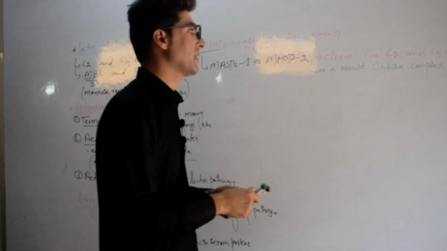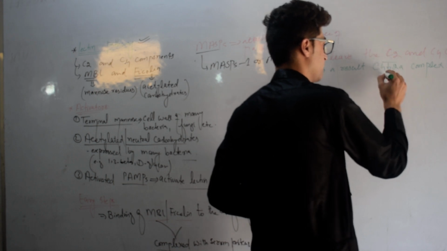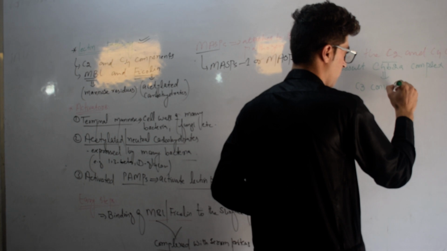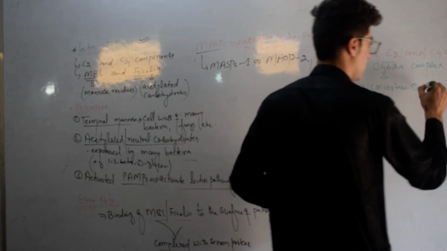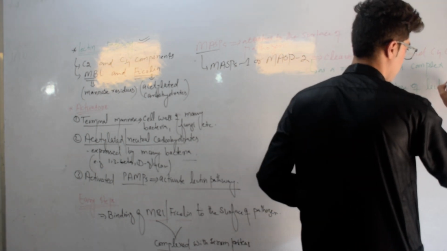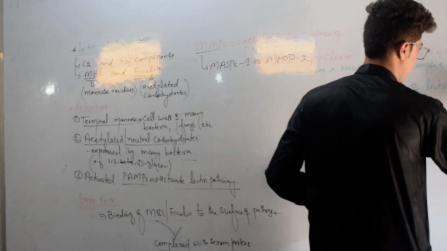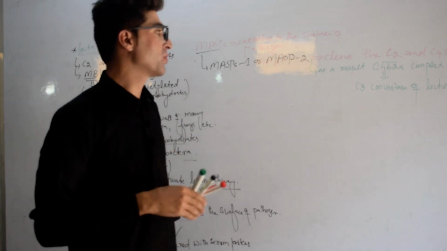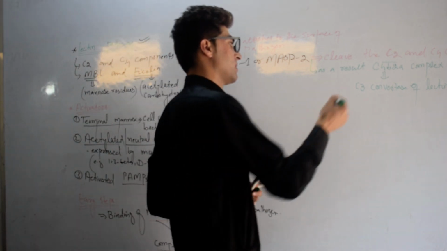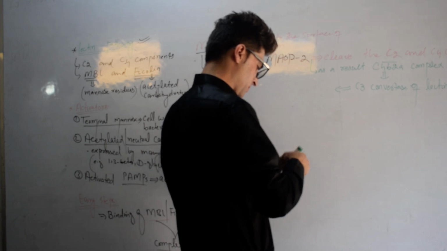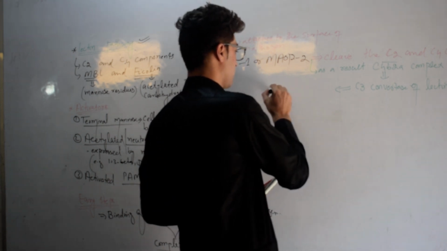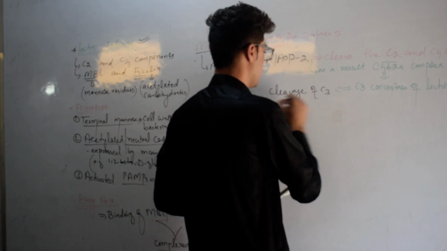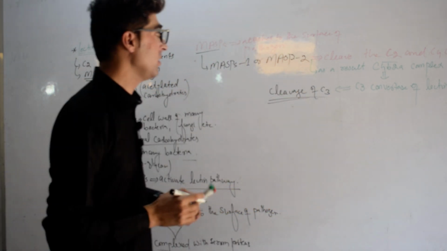This complex is called the C3 convertase of the lectin pathway, and it is going to cleave the next component of the complement system, that is C3. Clear?